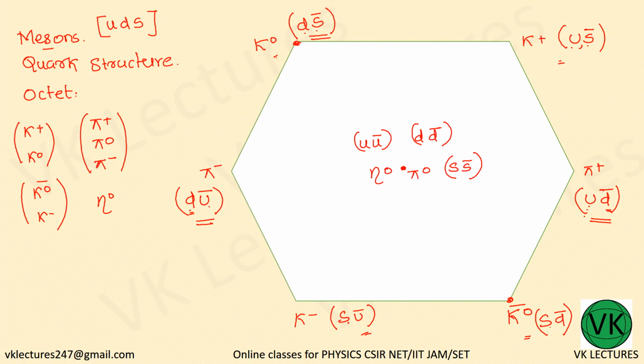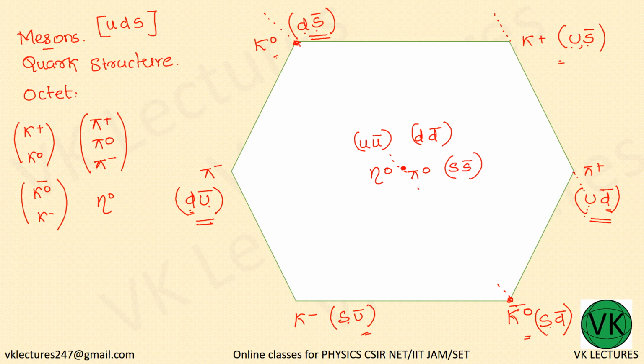So look at this. If you draw a line over here like this, there are two mesons, K plus and pi plus. These are the only two positive mesons present in the entire structure. Now look at this line here. You can draw one line which passes through the center and moves to this side.